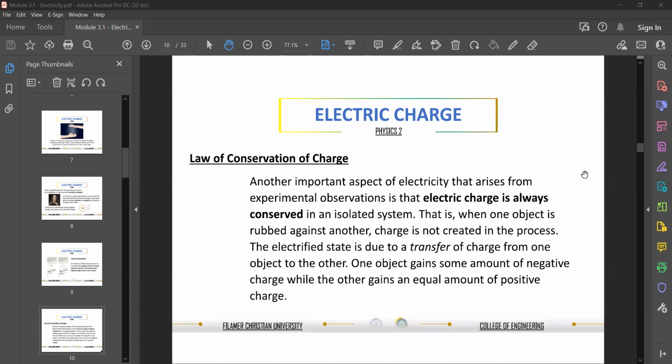So when one object is rubbed against another, charge is not created in the process. The electrified state is due to a transfer of charge from one object to another. Meaning nag-transfer lang siya. One object gains some amount of negative charge, while the other gains an equal amount of positive charge. Kung ano yung inilabas niya, yun din yung papasok sa kanya. So that satisfies that electric charge is always conserved.